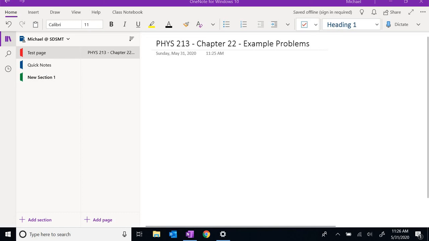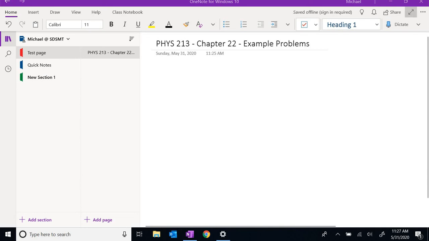And so what I would like to do at this point is just work out a couple of example problems using what we have from this chapter, and then we'll go ahead and we'll call it good for the chapter, and we'll move on to chapter 23 after this.